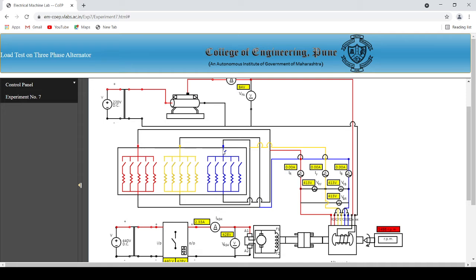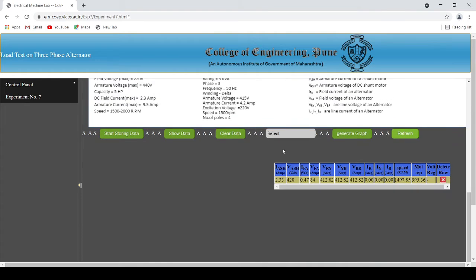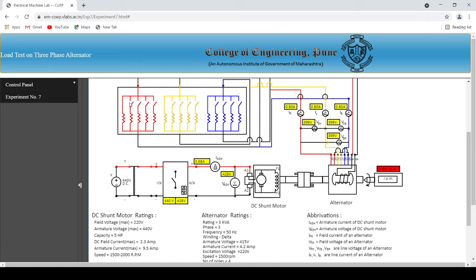The RYB is connected, and I prefer to go one by one. I close one of each and follow the same procedure. I start storing the data, and we can see it by again clicking on the show data. I'm going to perform the same for 4 more times.